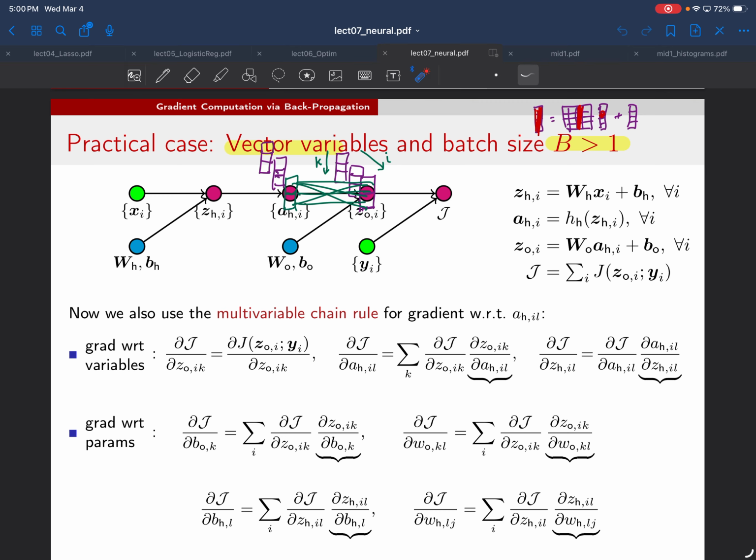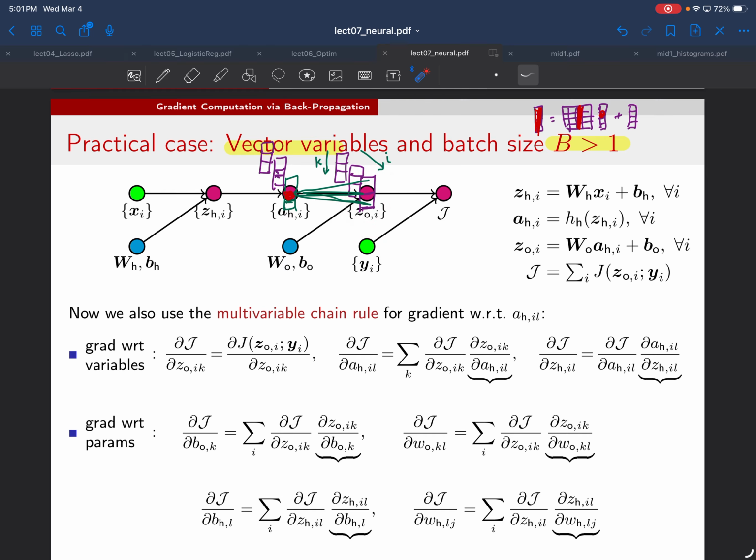Actually, I shouldn't have done it that way. I should have done it this way. So let's say that we're focusing on one particular element here. The kind of structure we're going to see is that this single AH_iL is going to affect all the elements in that ZO_i.